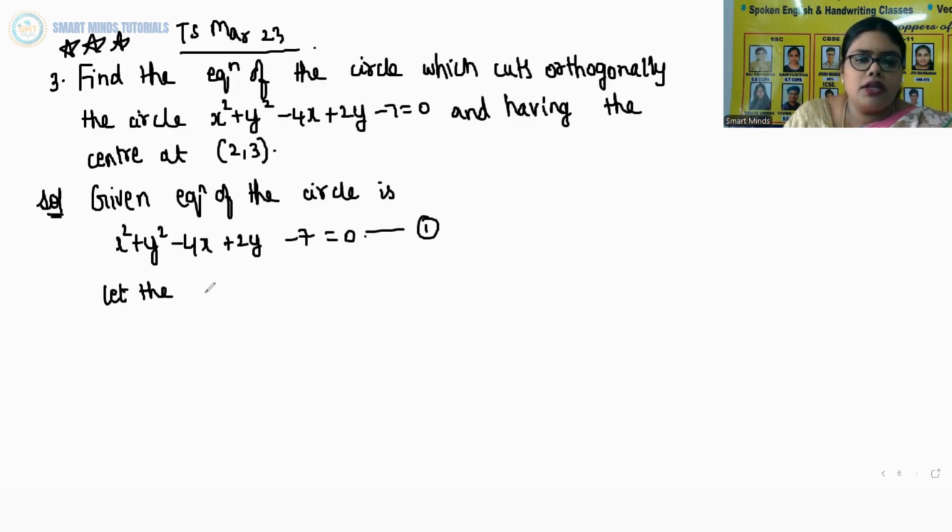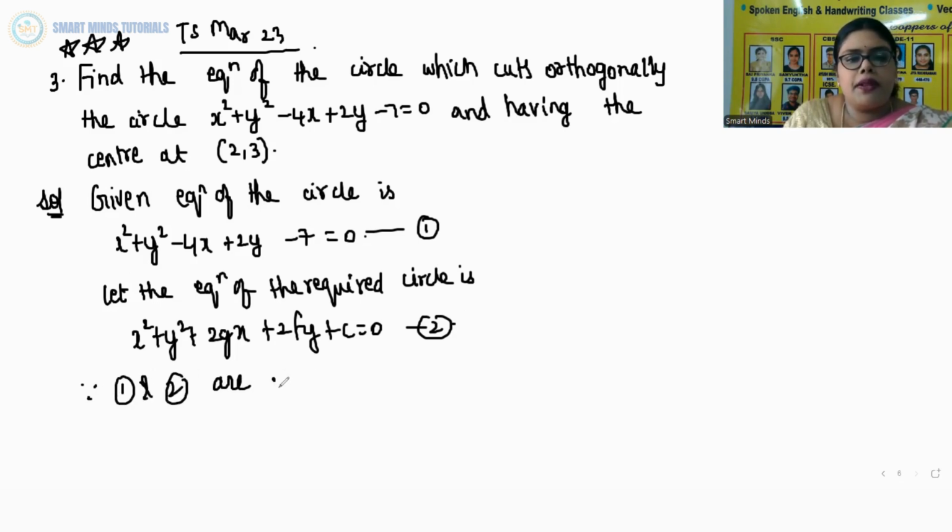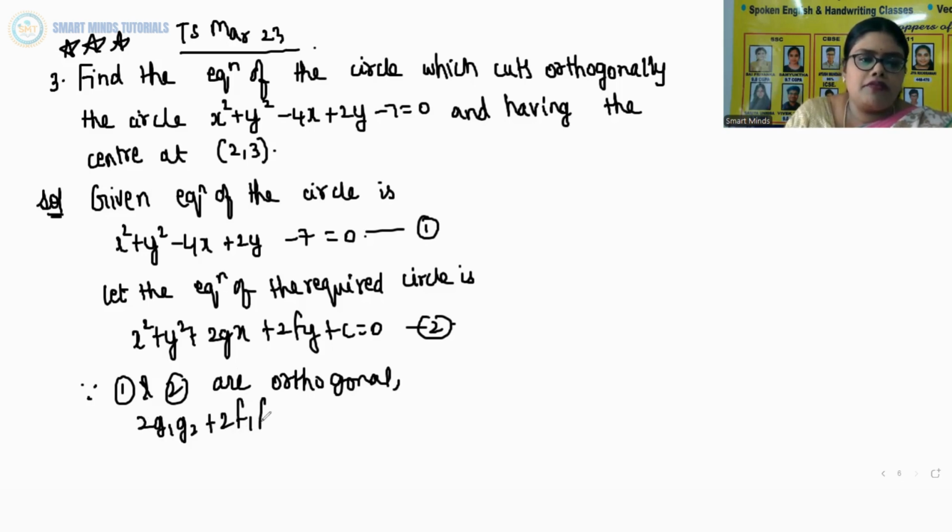Now we take the general equation. Let the equation of the required circle is x square plus y square plus 2gx plus 2fy plus c is equal to 0. Now since 1 and 2 are orthogonal, we apply the same condition. 2g1 g2 plus 2f1 f2 is equal to c1 plus c2.